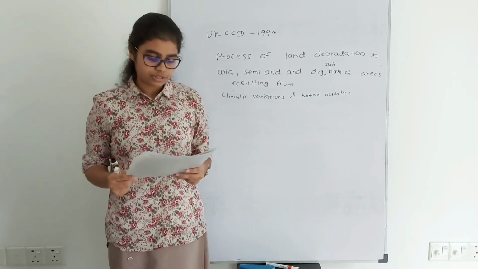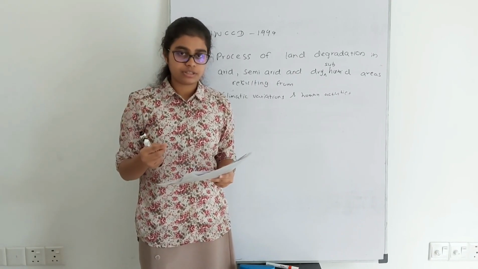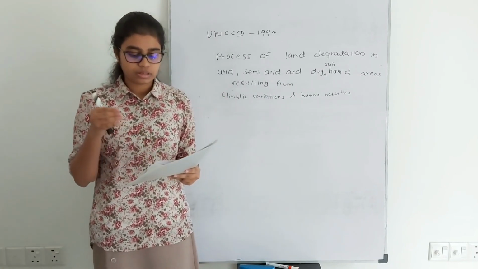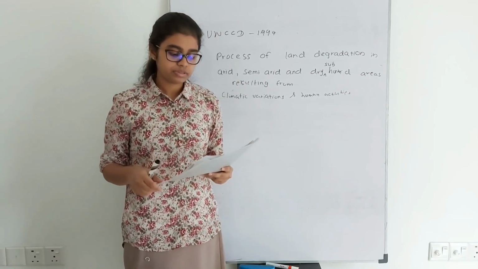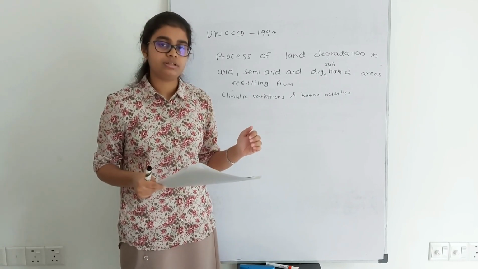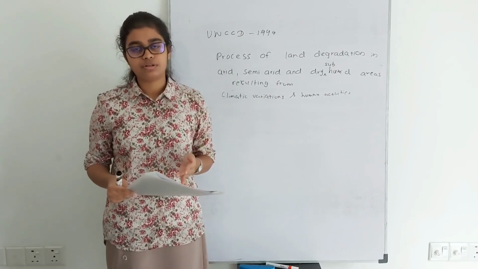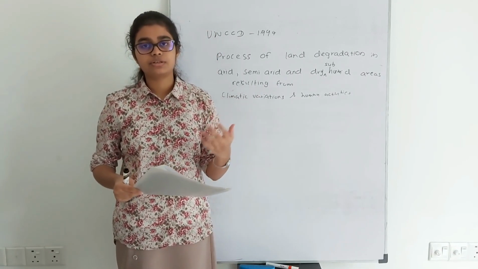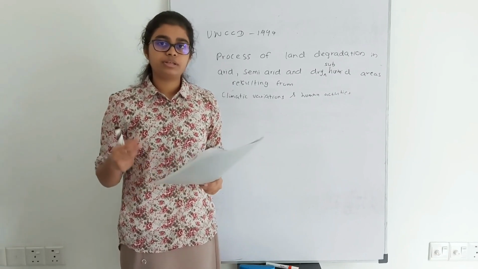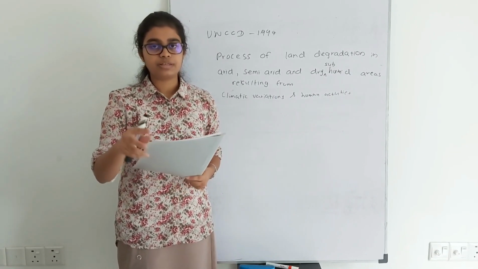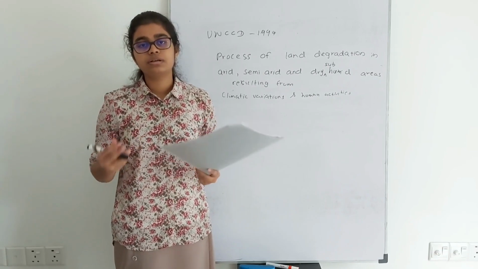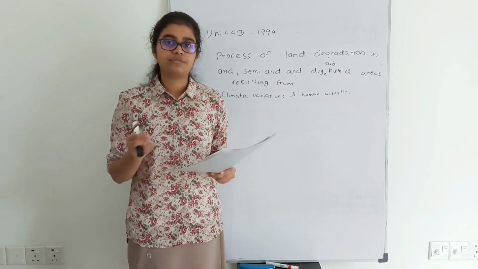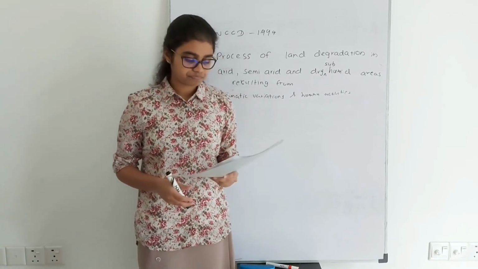And the effects of desertification: it reduces ecosystem services, reduces biodiversity, decreases the vegetation cover and causes scarcity of water. When the vegetation cover is reduced, it directly affects the water cycle, and people, animals and plants may face this scarcity of water. And it also destroys the habitats of animals and plant species.